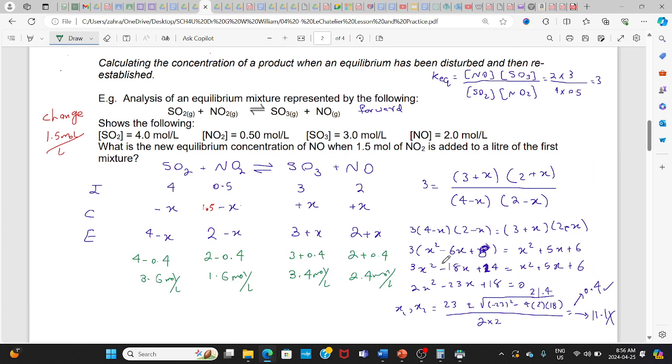Maybe I made a mistake, yeah? It was in your calculation on the square root part. Oh, yeah, okay, I do it again. 23 squared minus 4 multiplied by 2 multiplied by 18. Oh, okay.